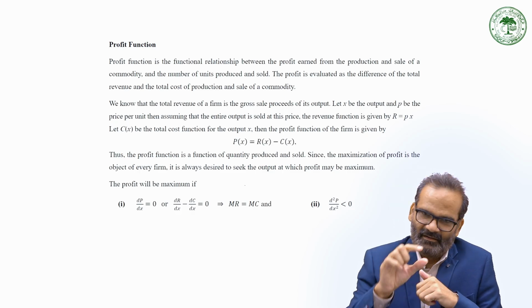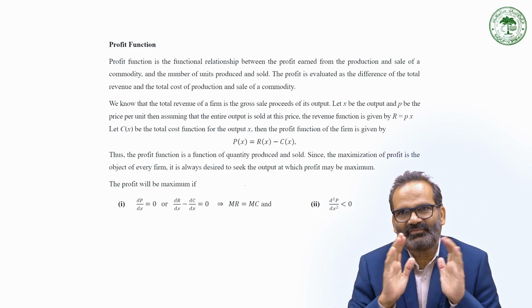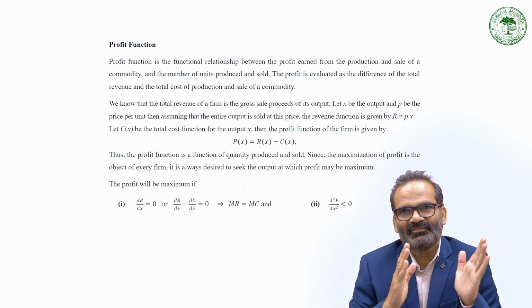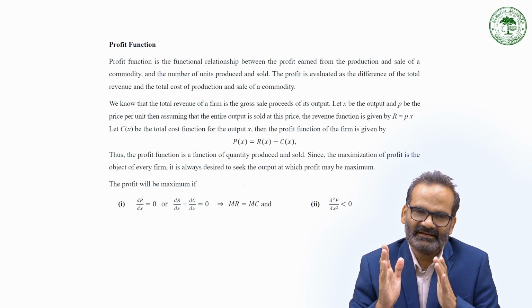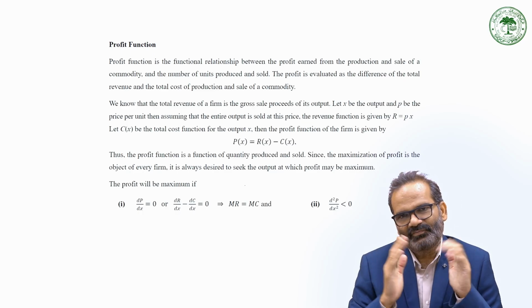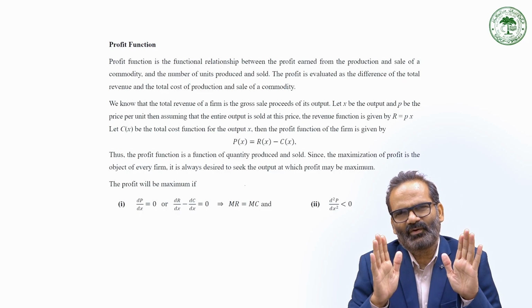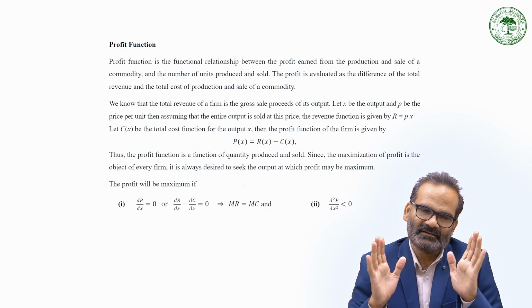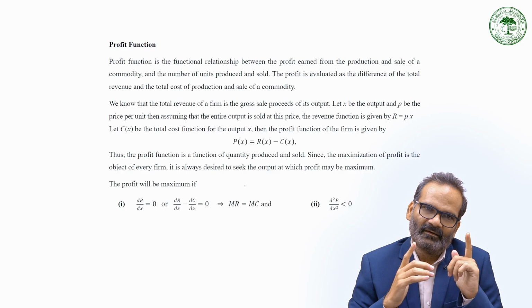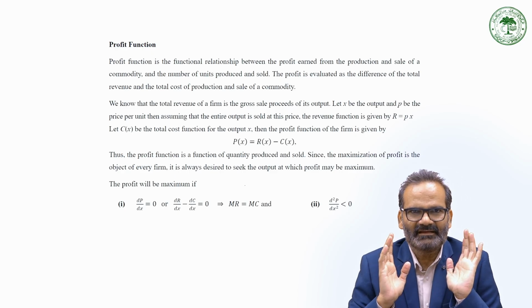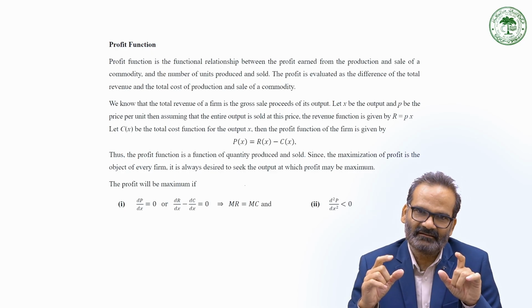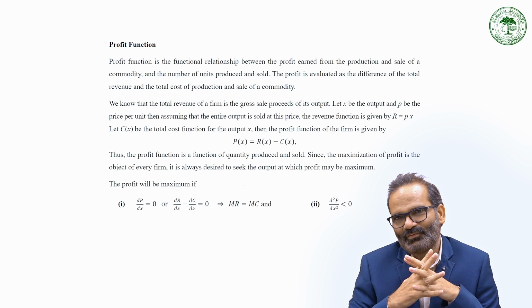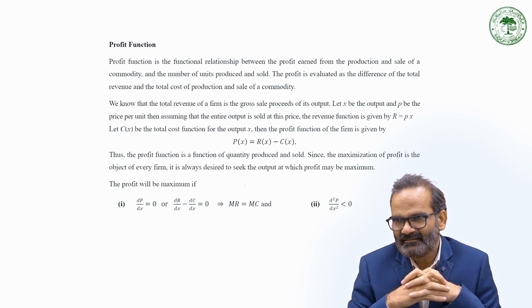Let's have a look. Find the profit function first by taking the difference of revenue minus cost. Clear? It's a very simple process. Don't be scared. Profit function is there, and you know how to maximize a function.